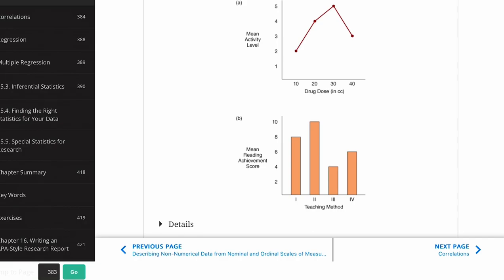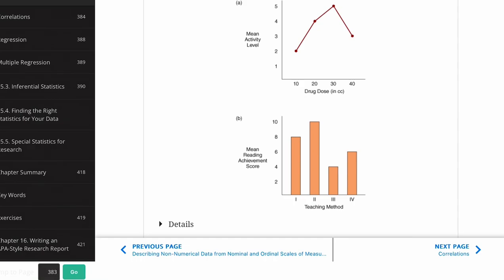You can see that the mean for the 10 cc drug dose group was 2 for their activity level, and the mean score for the 20 cc group was 4. Down at the bottom, same thing. For teaching method 1, the mean for that group was 8, and the mean reading achievement score for the second teaching method was 10.